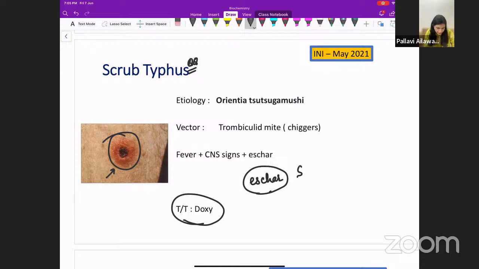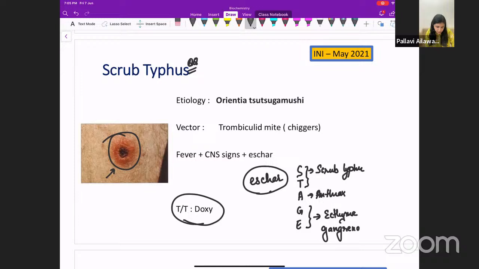The mnemonic for that is STAGE. S is for scrub typhus. A is for anthrax. And EG is for ecthyma gangrenosum, which is caused by Pseudomonas.